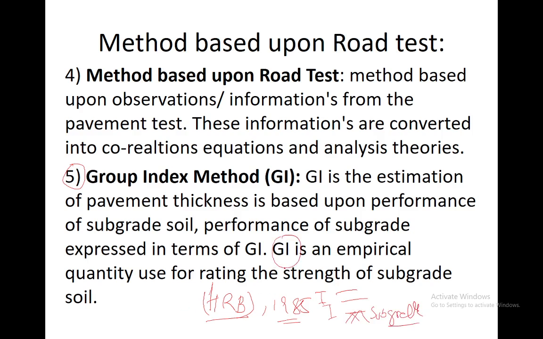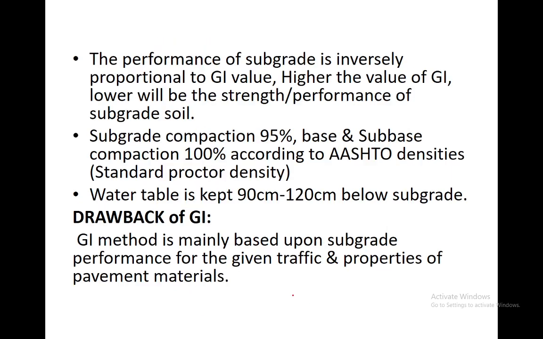GI is an empirical quantity used for rating to give the strength to the subgrade soil. We can obtain the GI from the formula mentioned here: GI is equal to F into 200 minus 35 and so on.